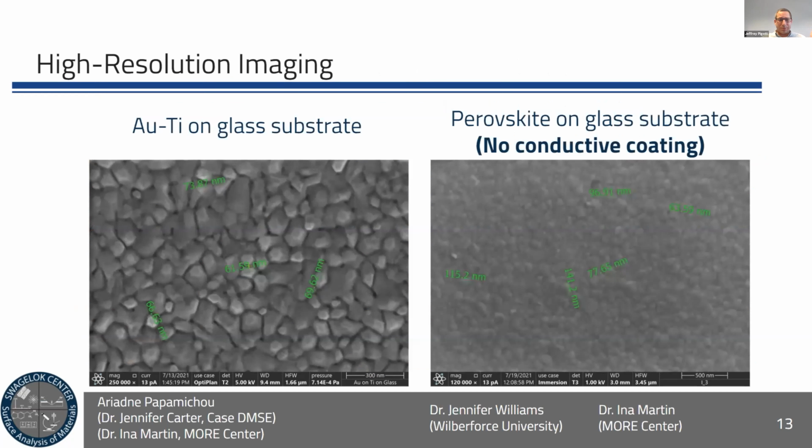So here are some examples of some of these techniques that I was referring to. Here are some examples of high resolution imaging done on samples that were synthesized in the Moore Center. On the left, these images were taken with me by a first year undergraduate student, and this really highlights the ease of use of the Apreo.